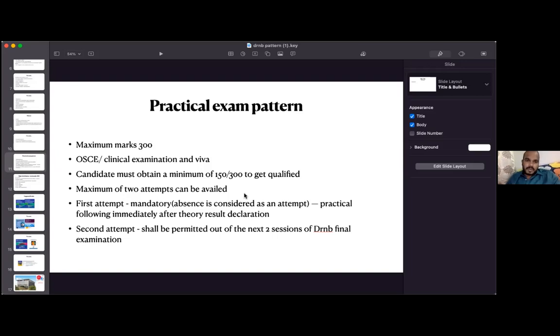So please don't make that mistake. Give your first attempt, because it is counted. For the second attempt, you can take time, at least one session. You need not appear for the immediate second session. You have a chance, so you can skip that.